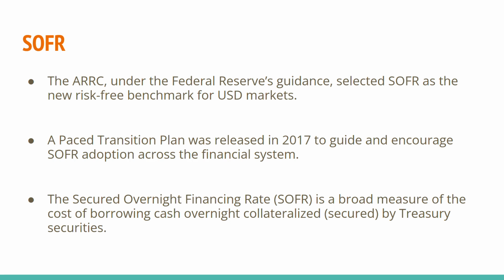And they started manipulating the market. They were submitting data which could benefit them, right? That's why, with LIBOR, the number of unsecured transactions kept declining, right? So LIBOR was based on unsecured transactions.